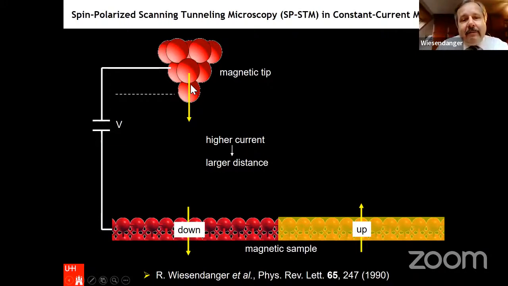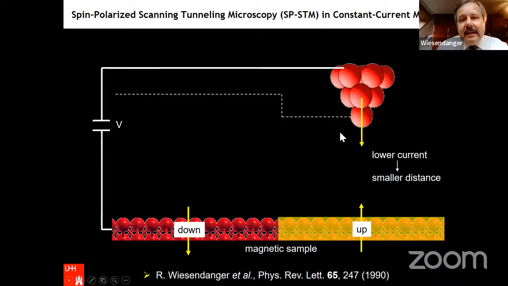That means that if you scan over such a domain wall, what will happen is the tip has to get closer to the surface in order to keep the current constant. And you will get an apparent step height here. It's not a topographic step height, but it is a step height which relates, on one hand, to the difference in the relative orientations of magnetizations and the spin polarizations of both electrodes.